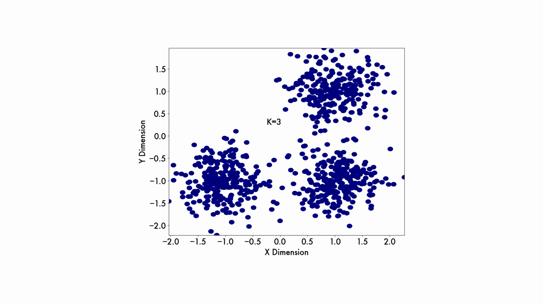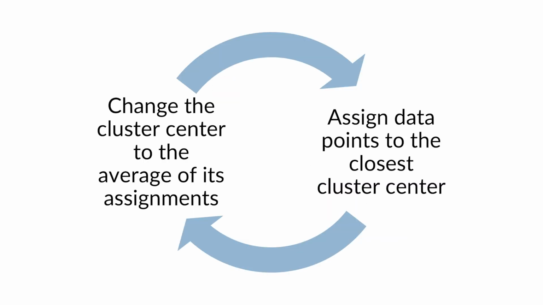The initialization, where you pick k random data points as cluster centers, regardless if they are good centers or not. And the second step is a cycle. In each cycle, you do 2 things. The first one is to assign data points to the closest cluster center.